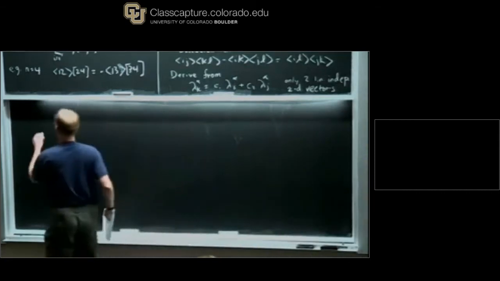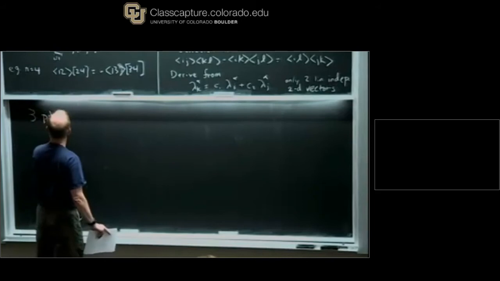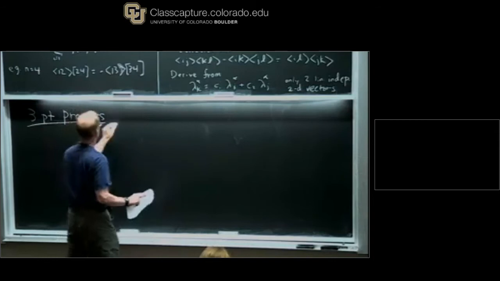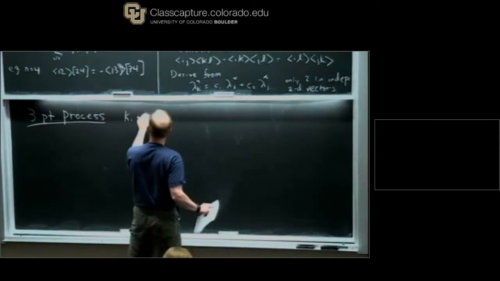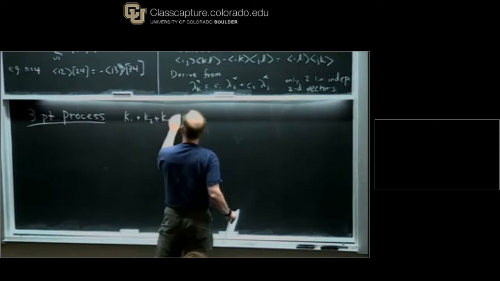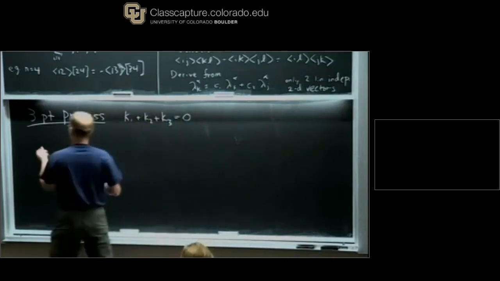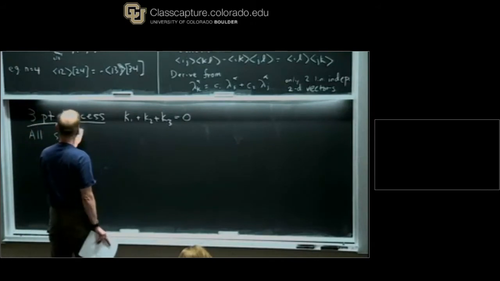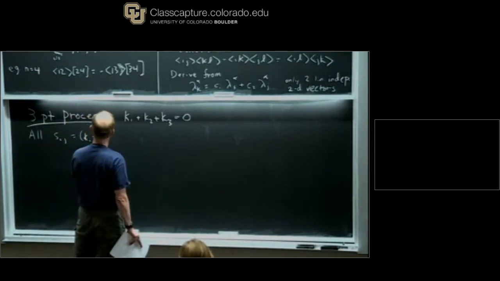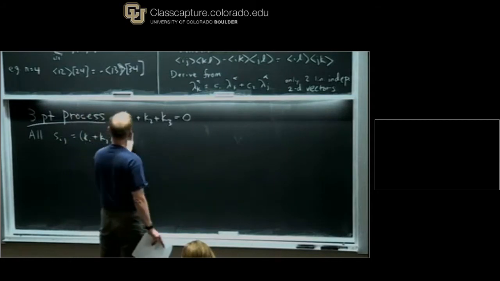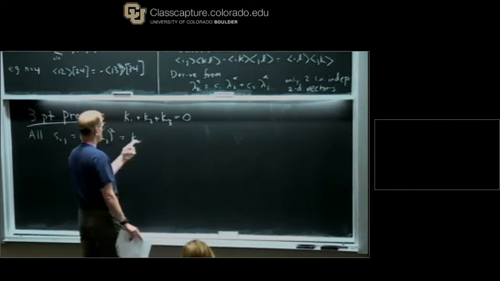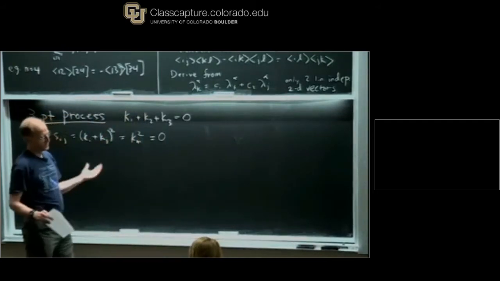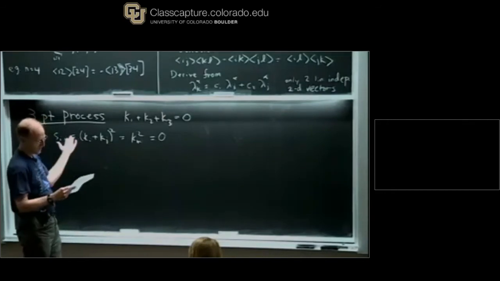So if we have 3 vectors, k1, k2, and k3, that sum up to 0, then all of the Sij's, which can also be written as (ki plus kj) squared, they're equal to the third guy squared. So they all vanish. So we can't build any kinematic variables out of the Sij's.